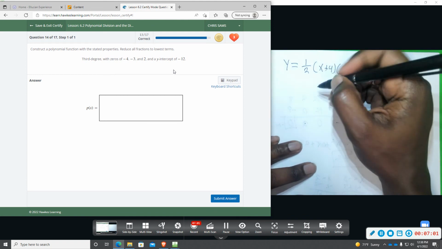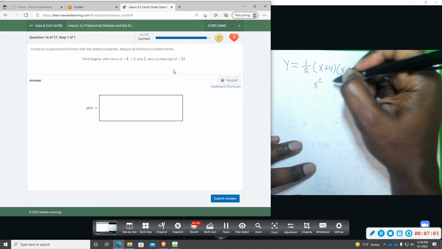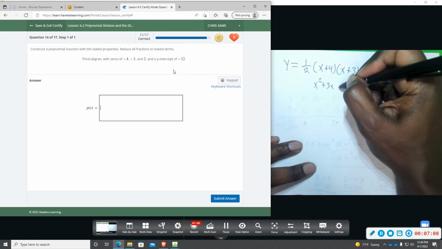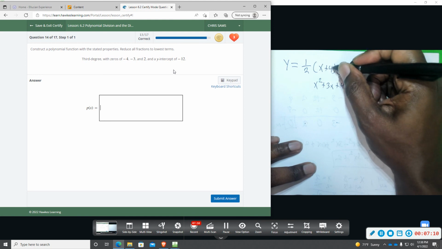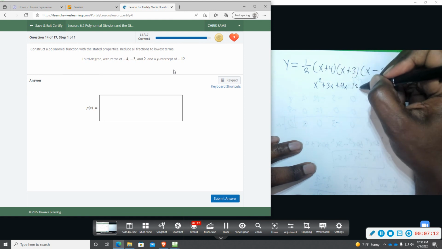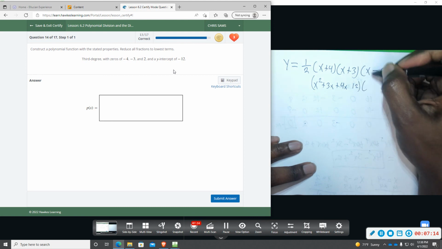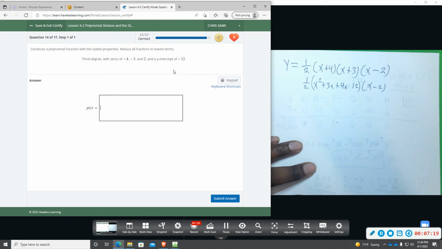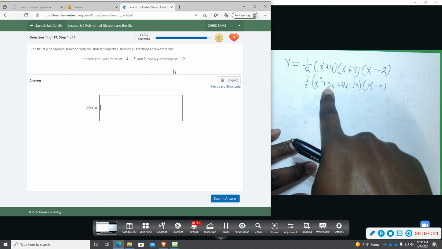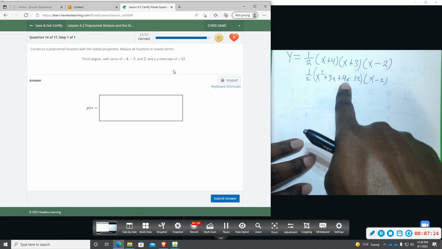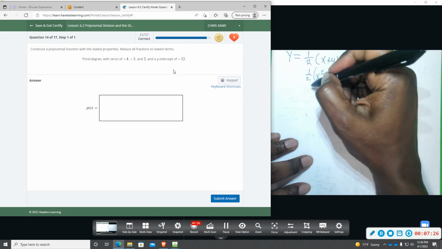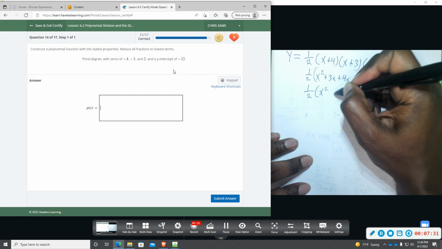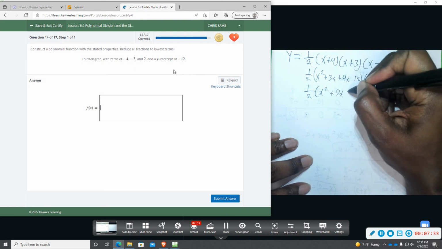X times x will give me x squared, x times 3, a positive 3x, 4 times x, a positive 4x, 4 times 3 is 12. And then I still have my x minus 2, which I'll bring into the mix, and my 1/2. So first I'm going to simplify. The 3x and 4x will add to give us 7x. x squared plus 7x plus 12.